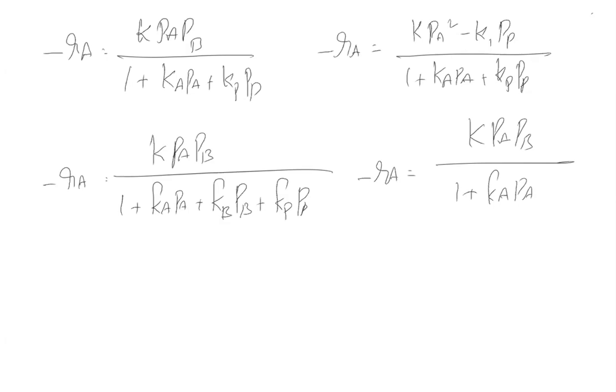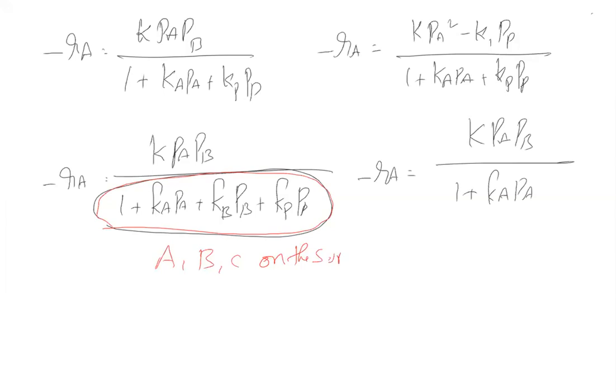Look at the options. Look at the denominator. What does this denominator say? I told you yesterday one rule. This denominator says A, B, C on the surface. If all are on the surface, then this cannot be the answer, no? Then look at here, A on surface.